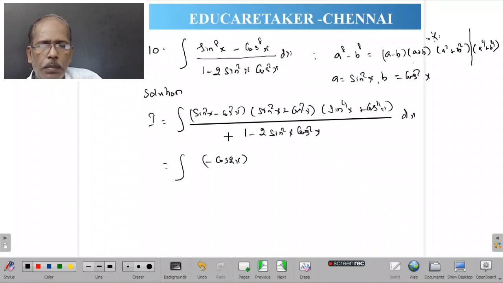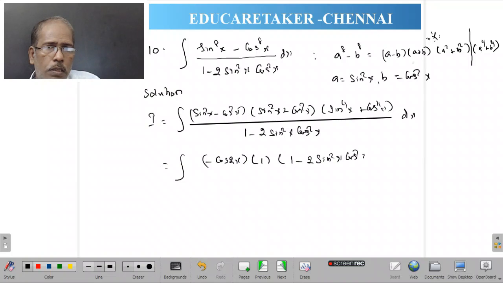Correct? Yes, cos square x minus sin square x is cos 2x. Here the terms are interchanged, so sin square x minus cos square x will be equal to minus cos 2x. And the next factor is 1, an identity. The third factor can be written as (sin square x plus cos square x) whole square minus 2ab, that is 1 minus 2 sin square x cos square x.